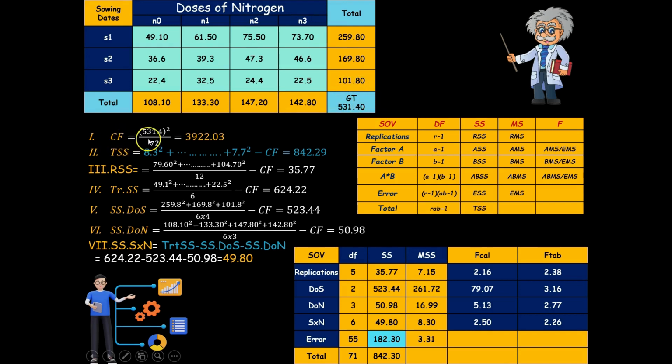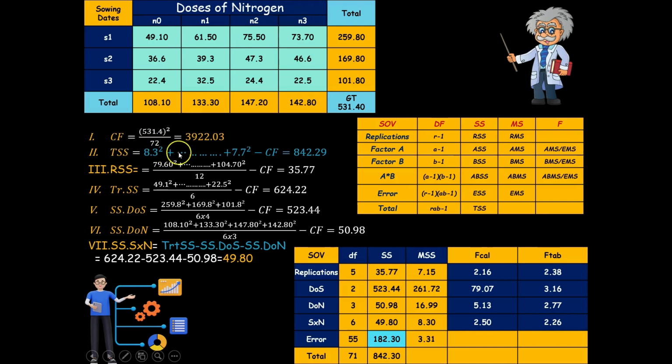Now the first thing is to get the correction factor. That is the square of this grand total divided by the number of observations, because it involves 12 treatment combinations, which is a multiple of the levels of both factors, and that is 12 multiplied by 6, which is 72.